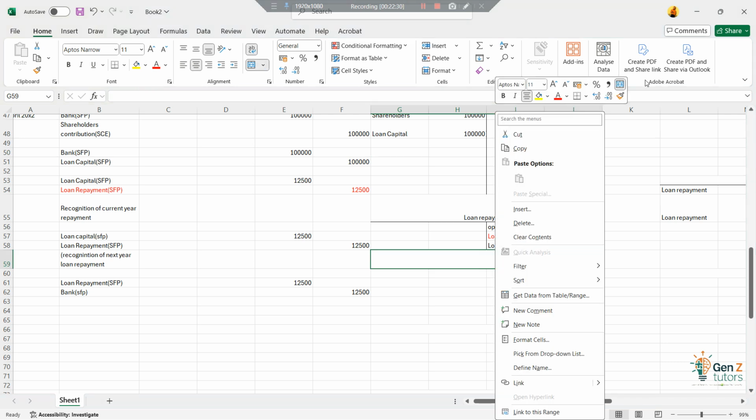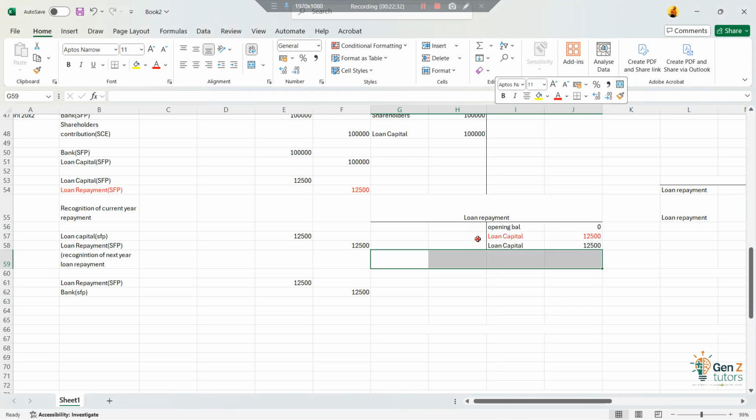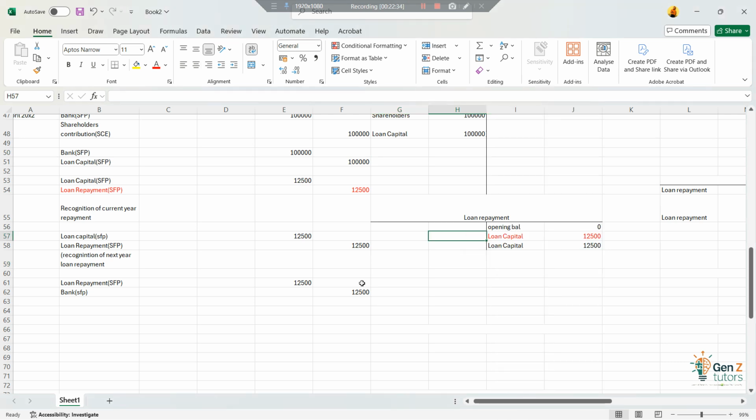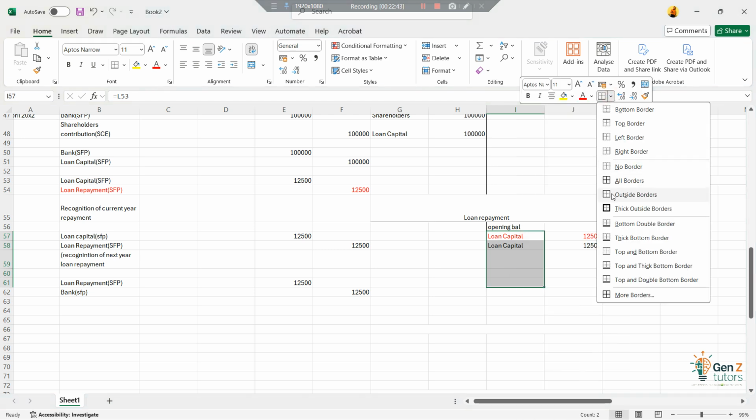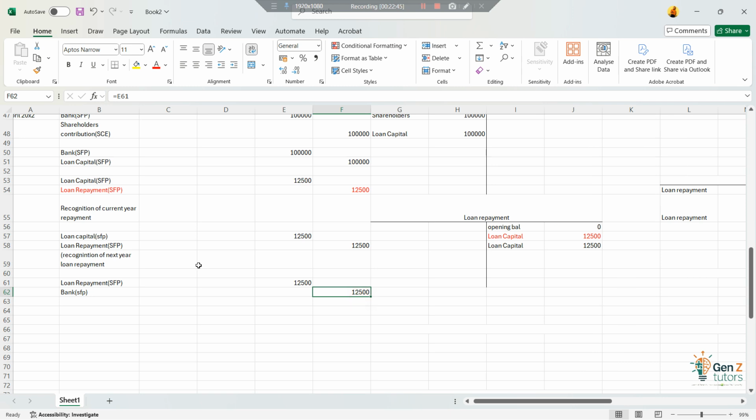And then again we say loan capital, and it is 12,500, right? So this other one is the black one, the other one is the red one. Let me make this one red as well, so that we are all together. And then we are good when we are like that.